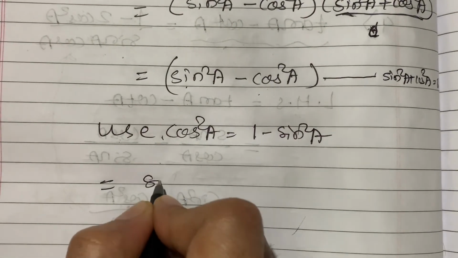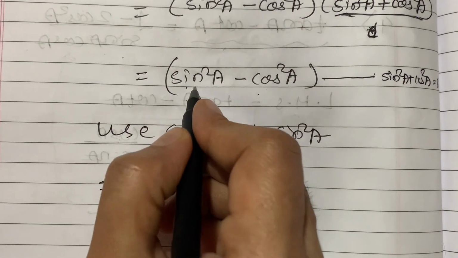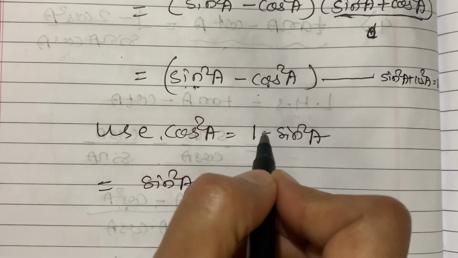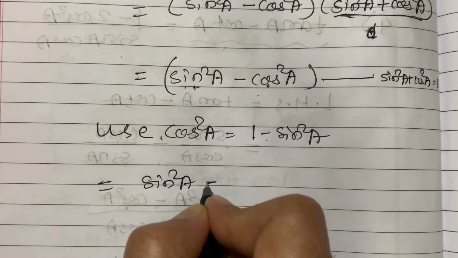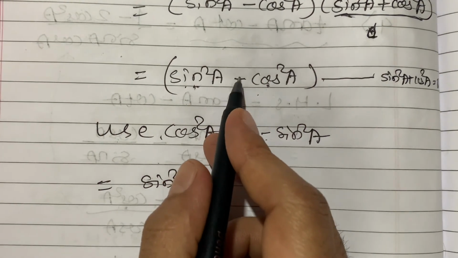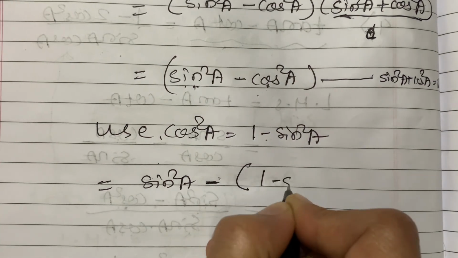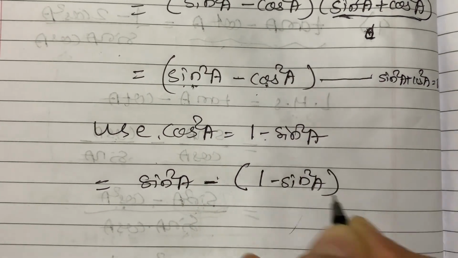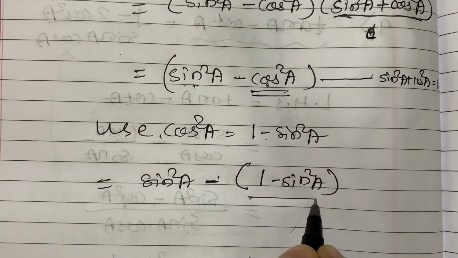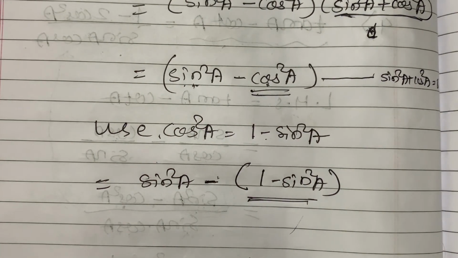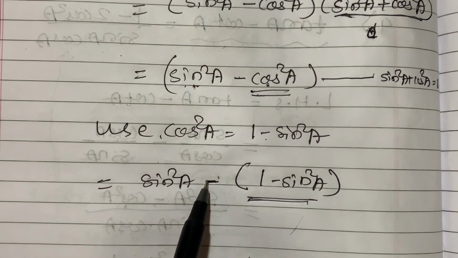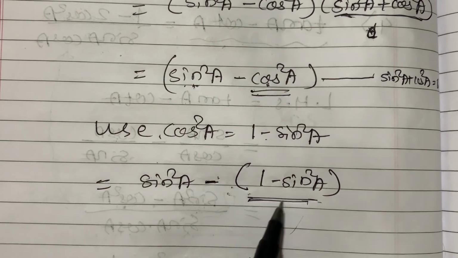So put the value: this sin square a as it is, and in place of cos square a put 1 minus sin square a. The original minus stays as it is, and in brackets I write 1 minus sin square a. Why? Because in place of cos square a I have written 1 minus sin square a. The negative sign is outside, so that's why I put the bracket.